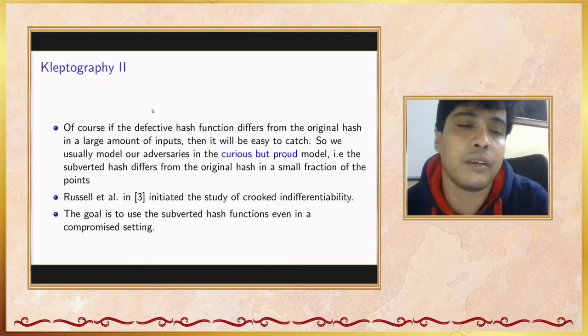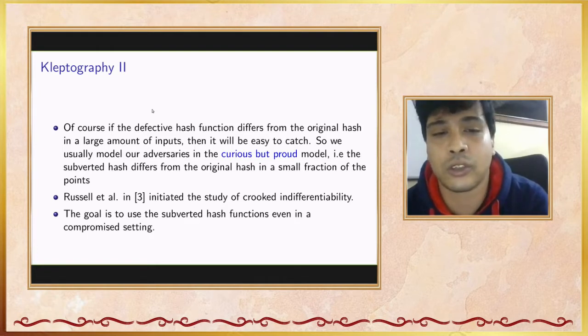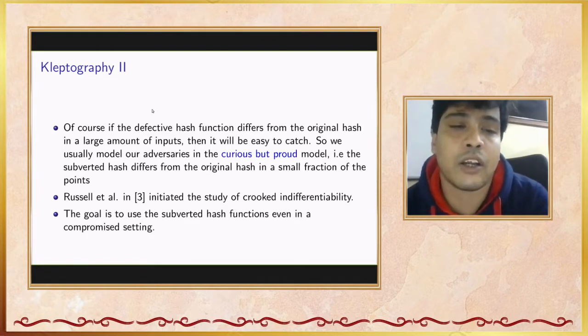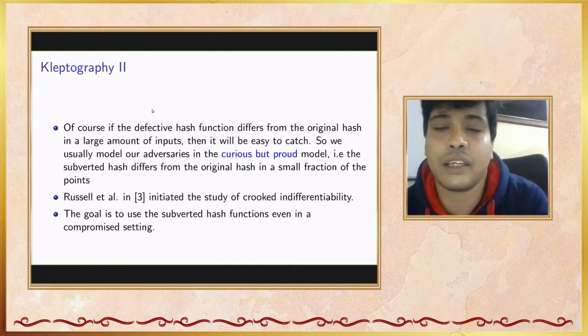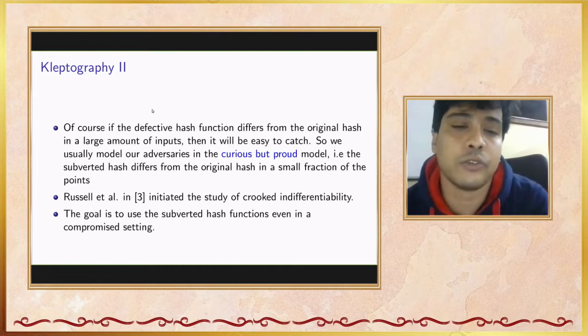Now, there have been many studies to address kleptography and related issues. Russell et al., in their Crypto 2018 paper titled Correcting Subverted Random Oracles, initiated the study of crooked indifferentiability. Their goal was to use the subverted hash function in a compromised setting.